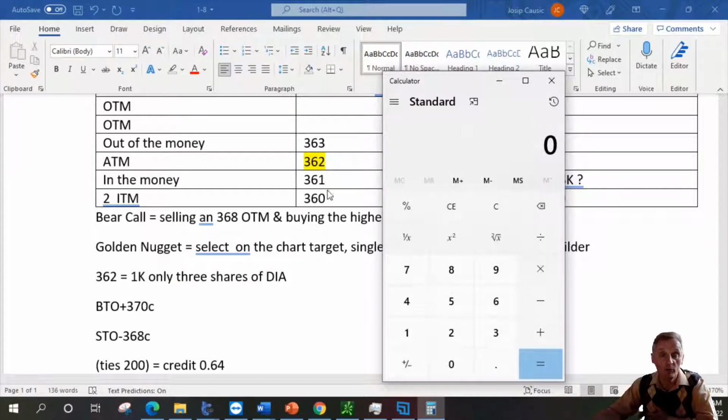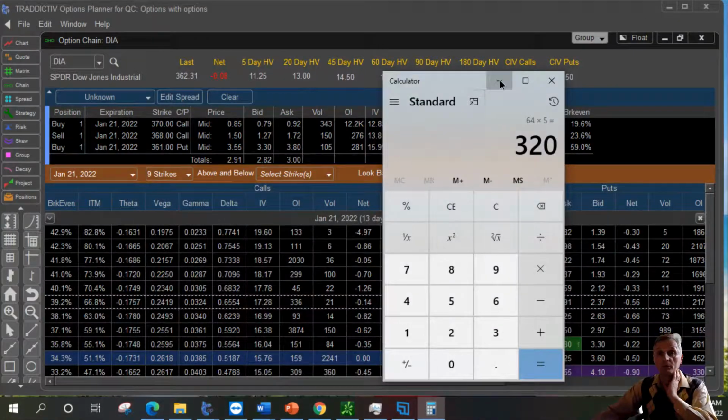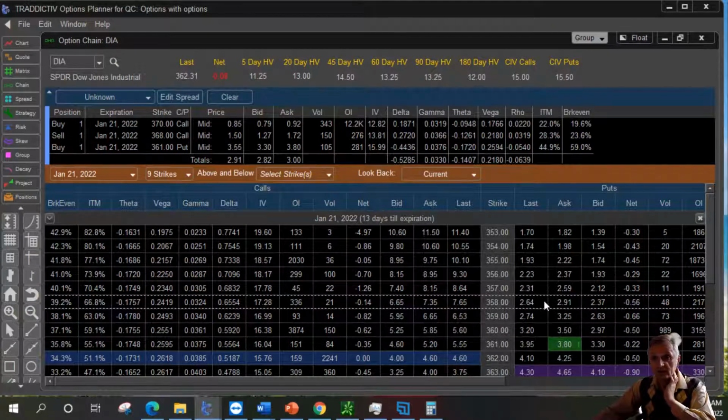And I know my put cost me quite a bit more. So if I have 64 cents and I do times 5, because 5 times $200 is still $1,000, I'm going to be getting 320, which means this 320 would be able to pay off my put. So let's go back here and bring up again the 361 that cost me $3.80.